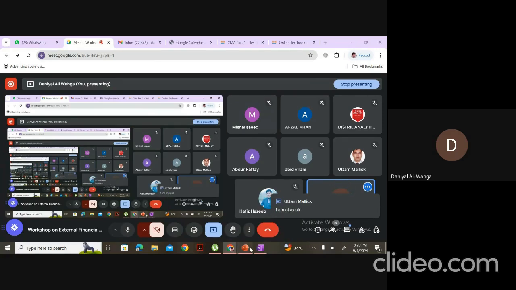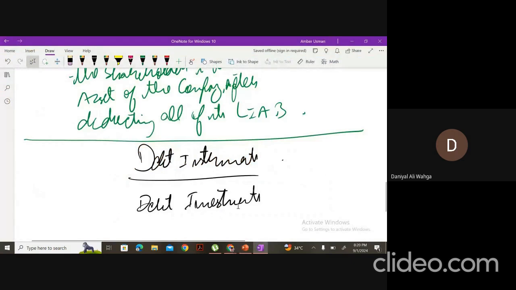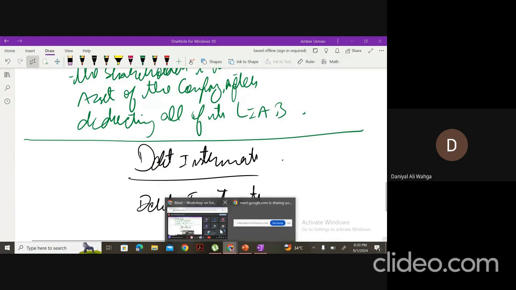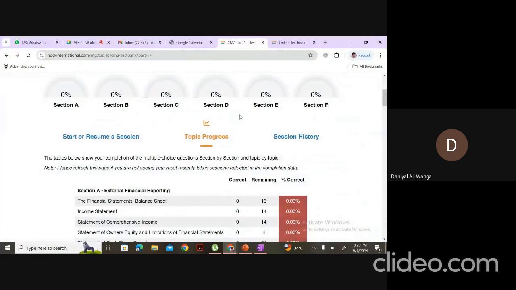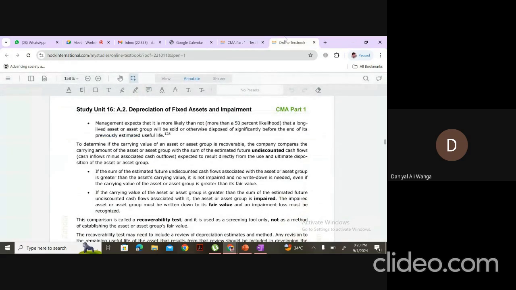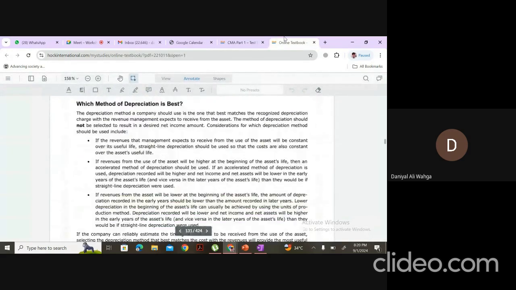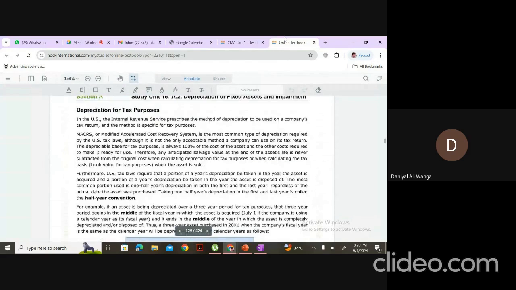All right. So let's just consider our debt instruments first of all. Just a little bit of theory, then we'll try to explain it to all of you on the one note.